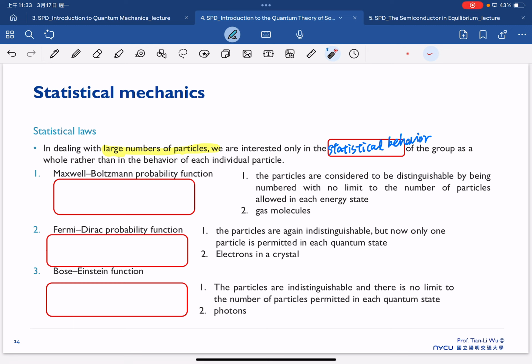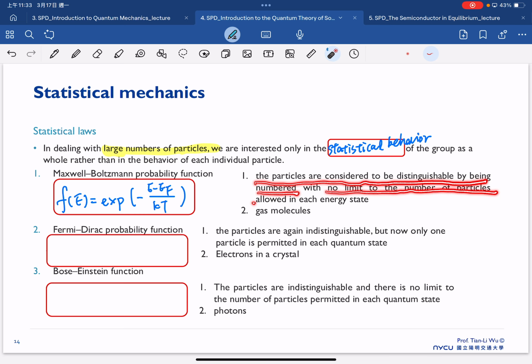The first one is the Maxwell-Boltzmann probability function, which can be written as F(E) is equal to exponential of minus E minus EF over kT. Here the particles are considered to be distinguishable, with no limit on the number of particles allowed in each energy state.